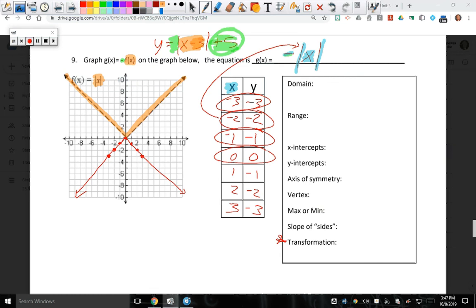Okay? What's the domain of what you see right now? All real numbers. And yes, if you wanted to do the interval notation, you could have done -infinity to infinity. As interval notation, what's the range?